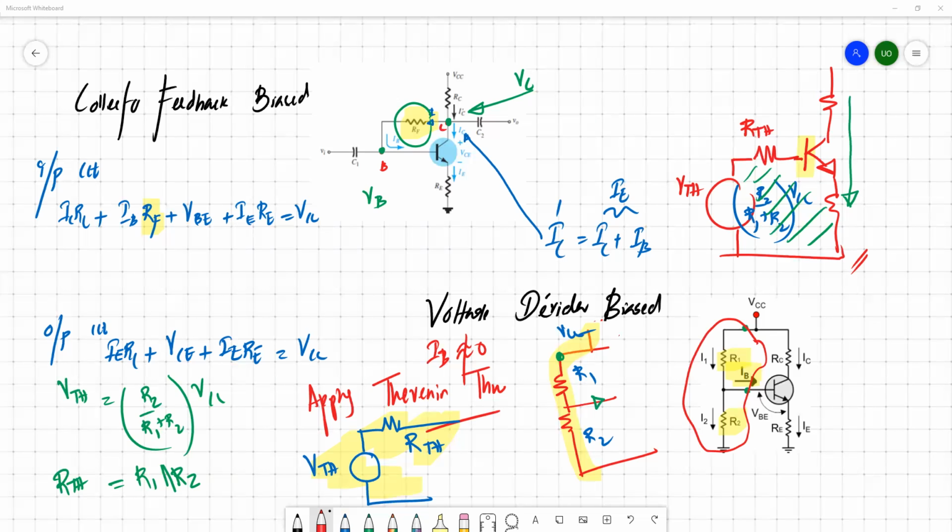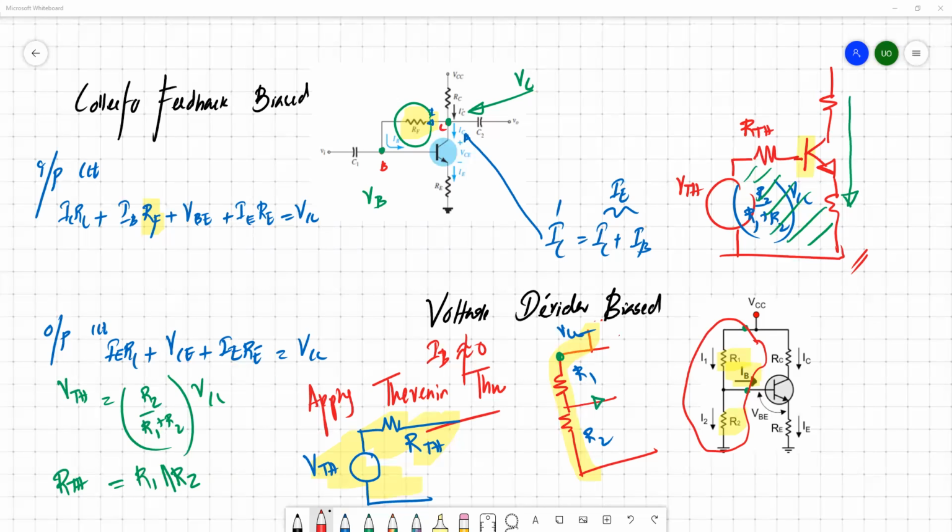But what happens with that biasing is that you limit it to a certain set of input signals, so you cannot amplify signals that go beyond those limits.